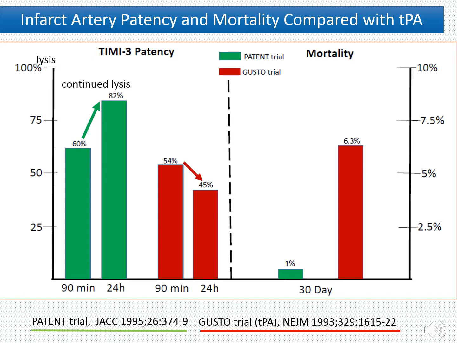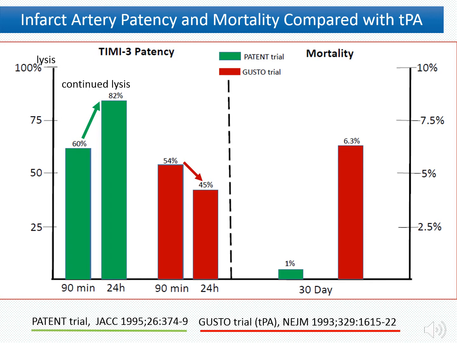By contrast, in the GUSTO trial of TPA, the 90-minute patency was 54% and went down to 45% at 24 hours, representing reocclusion. And corresponding to the better lysis in the PATENT trial, the mortality was only 1%, one patient out of 101, and was 6.3% in the GUSTO trial for TPA monotherapy.